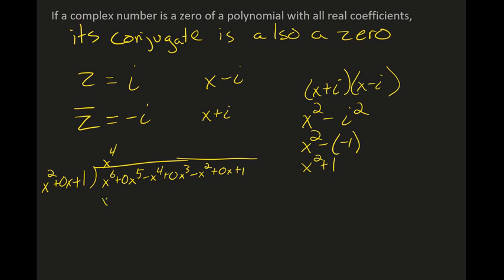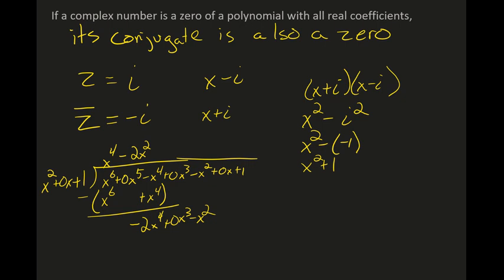We multiply x to the 4th by our entire divisor. We subtract the entire thing. Watch your signs. So then negative 2x to the 4th divided by x squared. Okay, so it's just long division like we've done before.